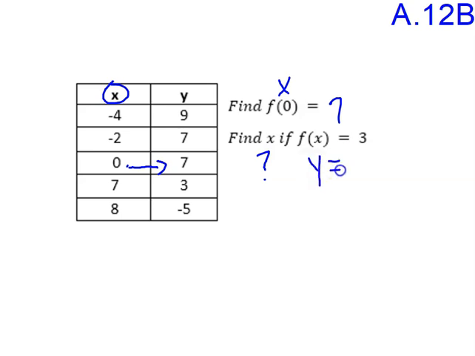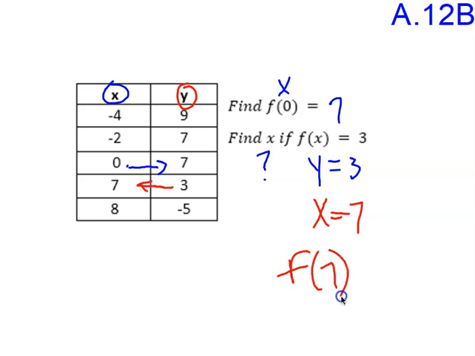So we can say, well, y is 3. So if I go to the y side, and here's 3, so what x value? So I could say, well, when x is 7. So technically, it's like saying f of 7 equals 3. So if x is 7, y is 3, and look, when x is 7, y is 3. So there are two answers there.